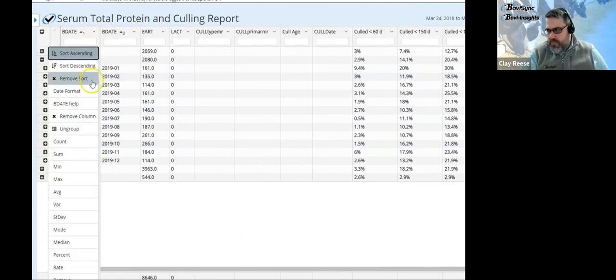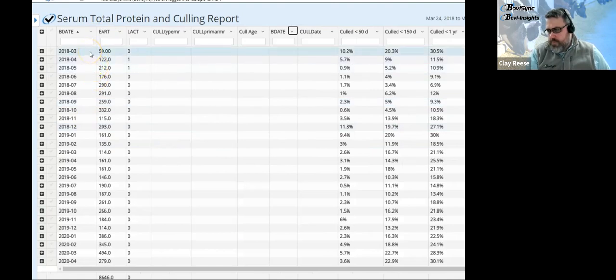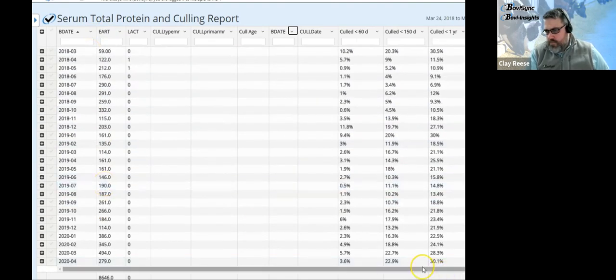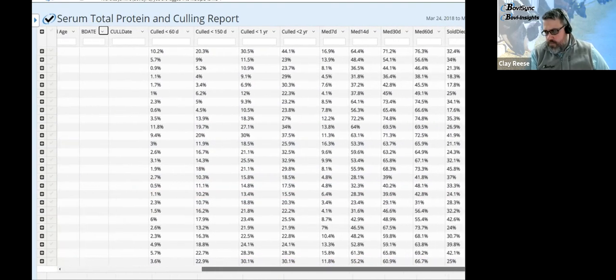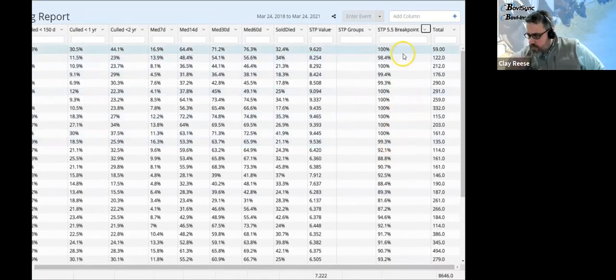You can also get rid of the year sorting and look at it strictly by month if we want to. So looking at the data in this way is useful from the perspective of understanding what trends are occurring and making sure that any management issues are addressed as soon as possible to prevent slippage of protocols.